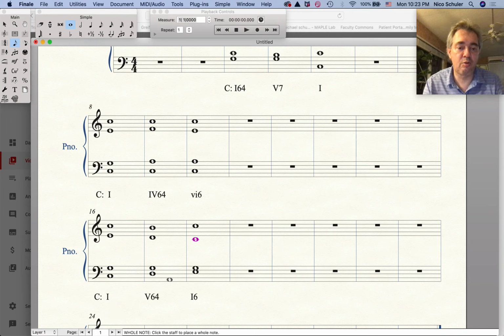So we have one example of a passing 6/4 chord. It does not have to be 5. It can appear on other scale degrees, but the feature is that the bass goes stepwise, either up or down, and the middle one, the chord in the middle is a second inversion triad.